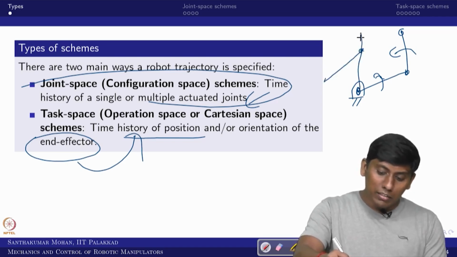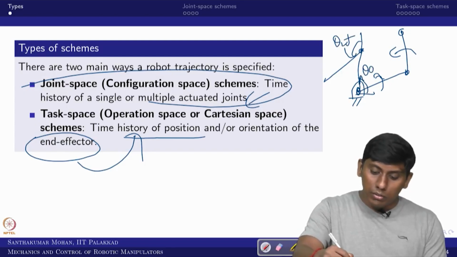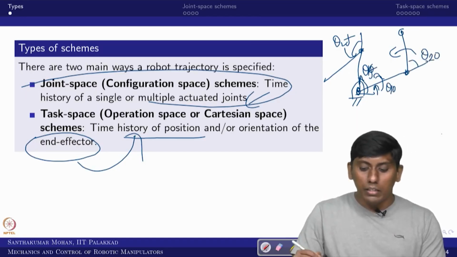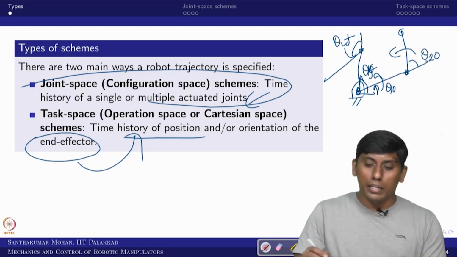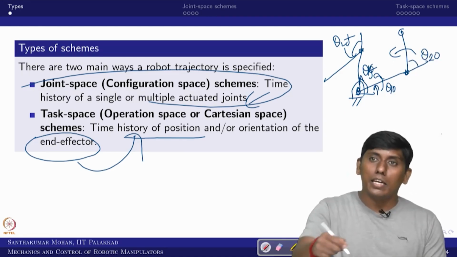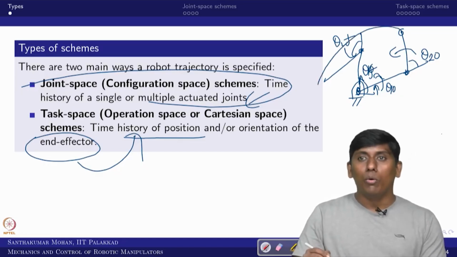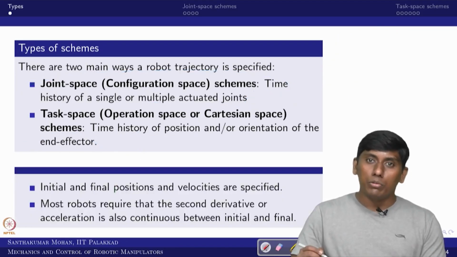Now you can see this is theta 2f and this is theta 1f, and this is theta 1 0 and this is theta 2 0. From here to here, I can first rotate only the first joint and keep it there, then rotate the second joint, or I can synchronously rotate one along with the other. We'll see the first one.